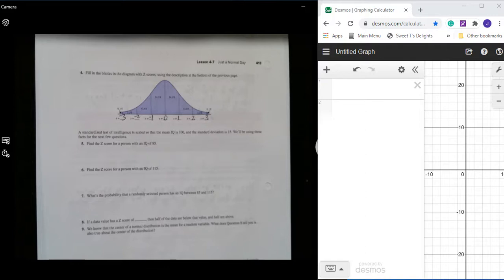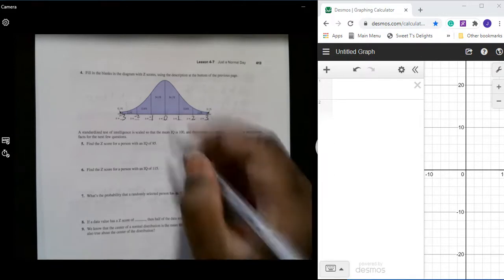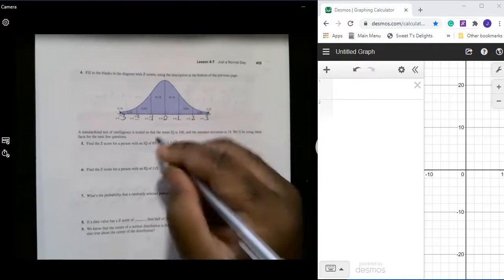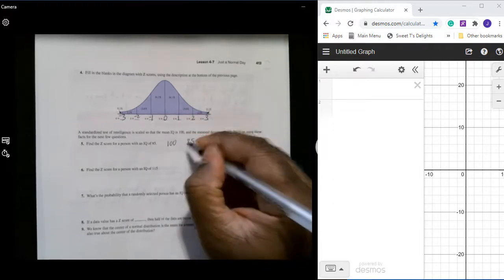A standardized test of intelligence is scaled so that the mean IQ is 100 and the standard deviation is 15. We'll be using these facts for the next few questions. Number 5, it says find the Z-score for a person with an IQ of 85. So if we look here, the mean is 100. Their IQ score is 85.